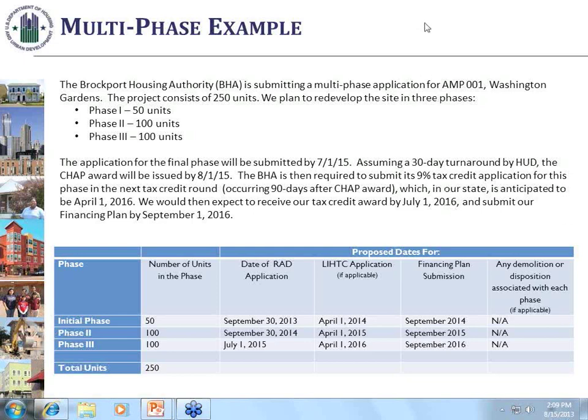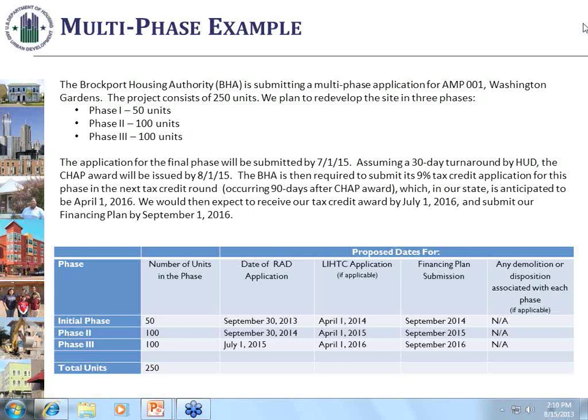Assume the state takes 3 months to make an award, so by July 1 they've been awarded, and then the PHA would give us our financing plan for that final phase 2 months later, September 1, 2016. In the chart below, this shows the initial phase and the remaining 2 phases, when they would submit the application, when they would submit the tax credit application, and when they'd give us our financing plan submission.